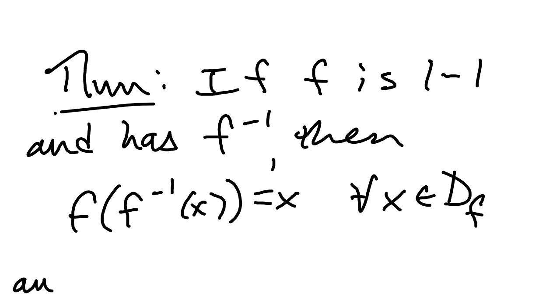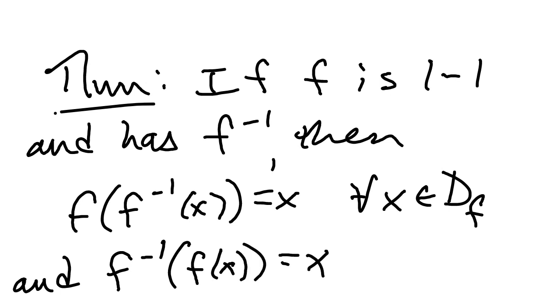And we also have it the other way around. F inverse evaluated at f of x is also going to equal x, the identity, for all x's in the domain of f inverse.